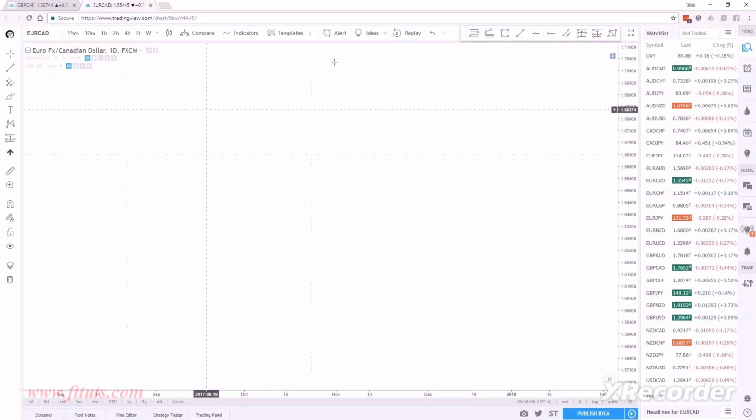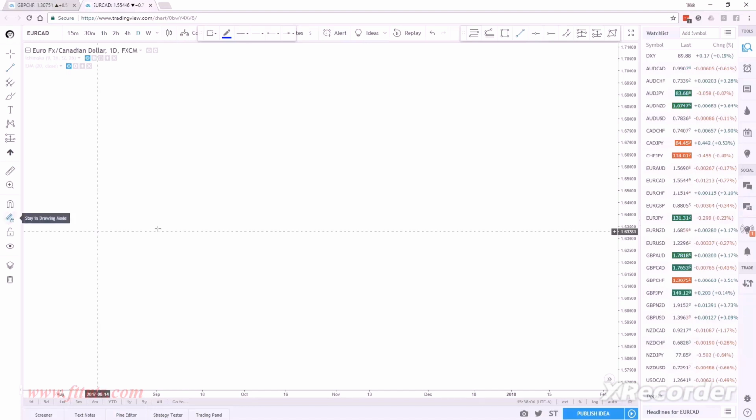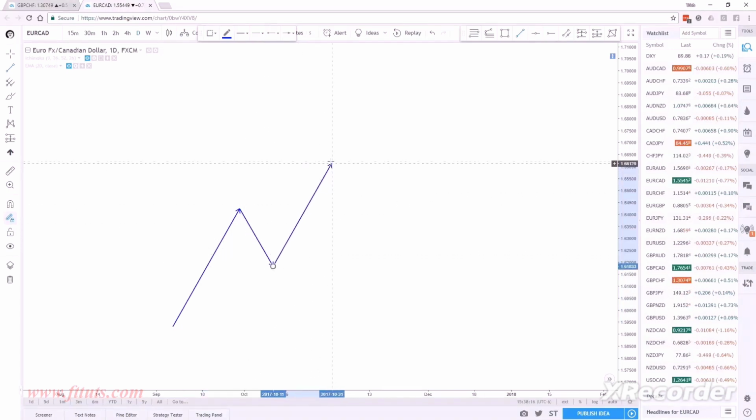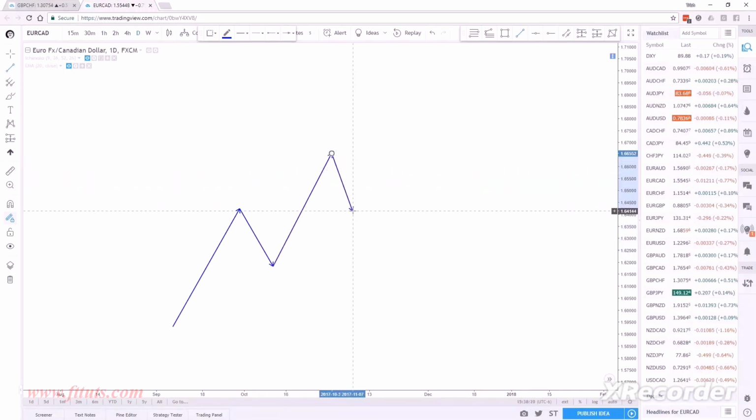Well, let's not even take a look at a chart yet. Let's just take a basic look at what I mean by market structure. So if we're talking about an uptrend, we're talking about price making a higher high and a higher low, another higher high and another higher low. Okay, and these points have to be higher than the previous high or the previous low.